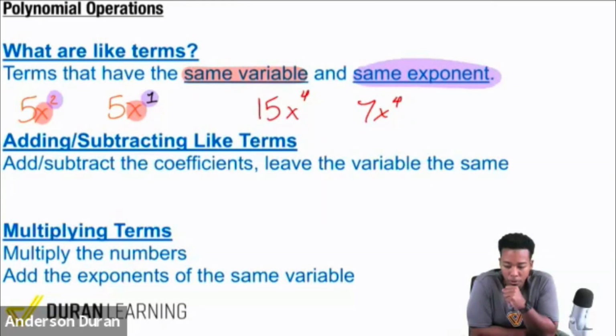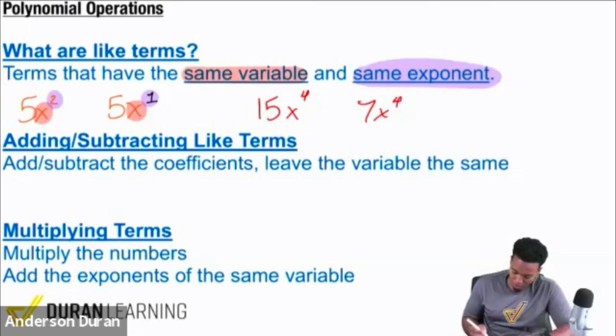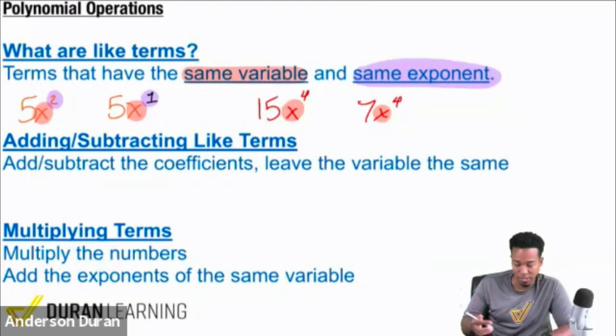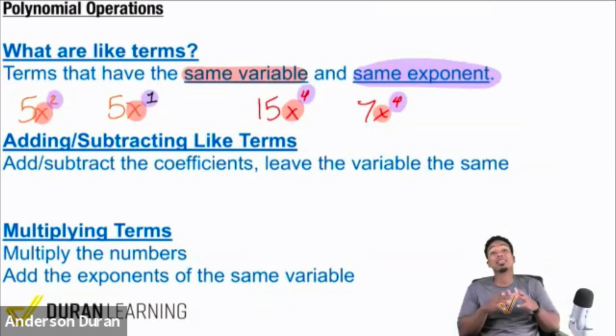Cool. For the most part, we got it right. Yep, exactly. Again, they have the same variable over here. And those variables have the same exponents. So again, this is what makes them like terms. Having the same letter and the same exponent right there.